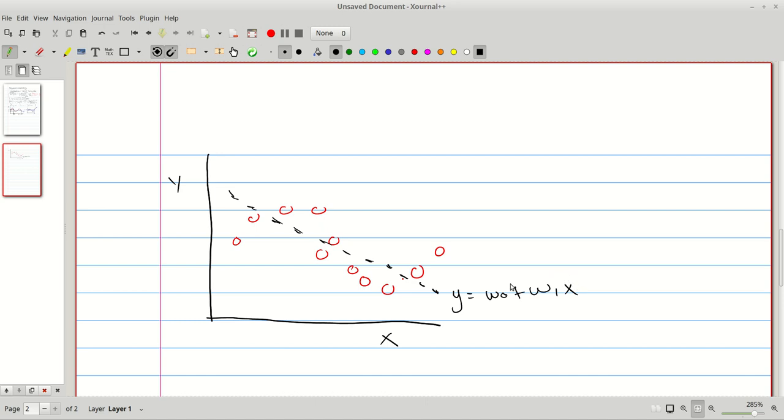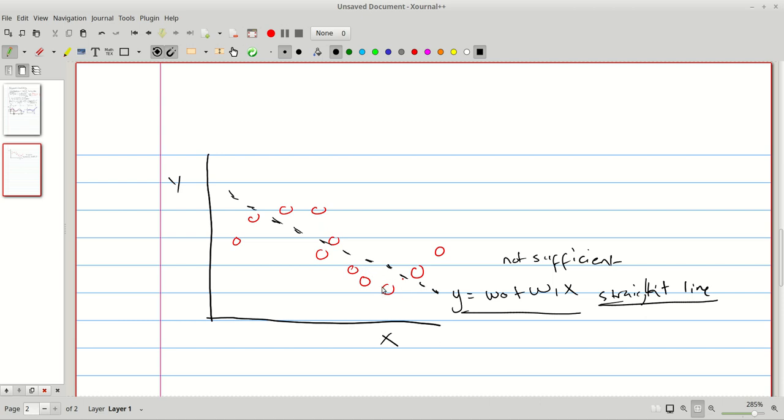So it's not sufficient to model this problem by just using this equation. Why? Because this is the best you can do. There's no way you can have any curves coming here because this is the equation of a straight line. So this is the best we can do with this information.